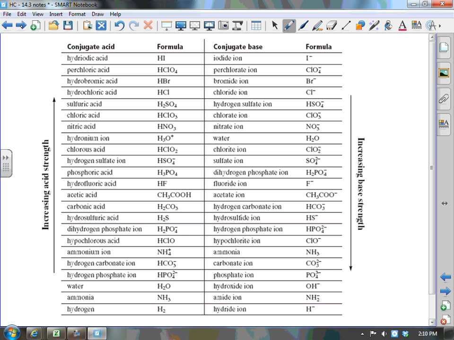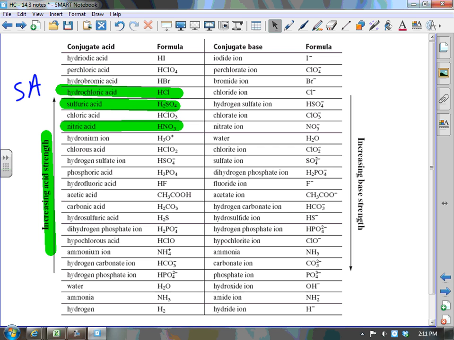What is the significance of saying strong or weak, the conjugate's the opposite, and so on? Well, there's a table in the book that talks about relative acid-base strength. What we're going to see is we have acids listed here. They have a whole bunch of them. We haven't talked about all of them, but you can see here's hydrochloric acid, here's sulfuric acid, here's nitric acid. Increasing acid strength, so the ones at the top are strong acids. If you look directly across, here's the chloride ion.